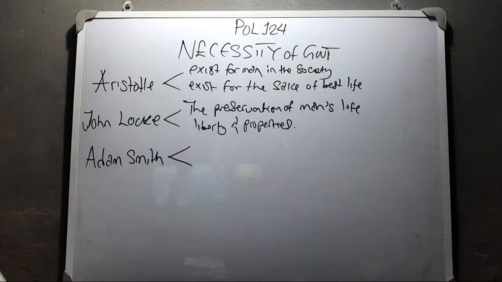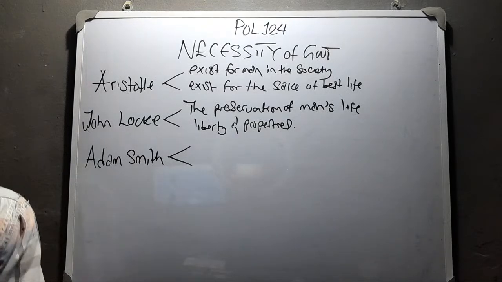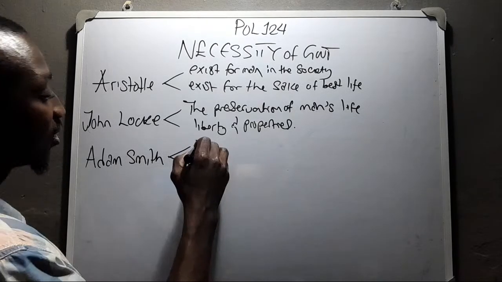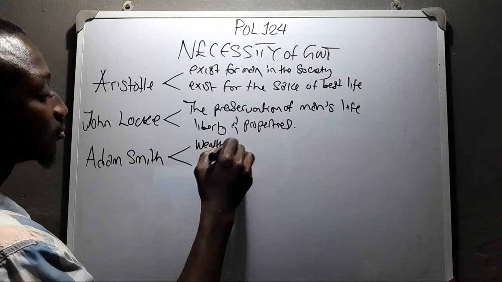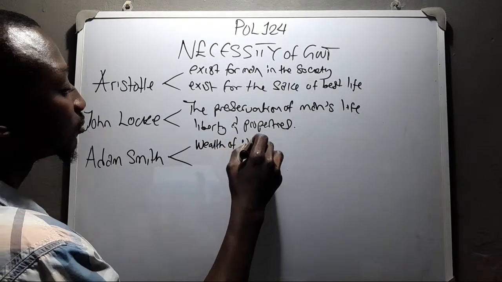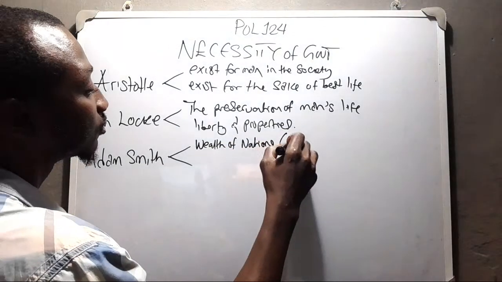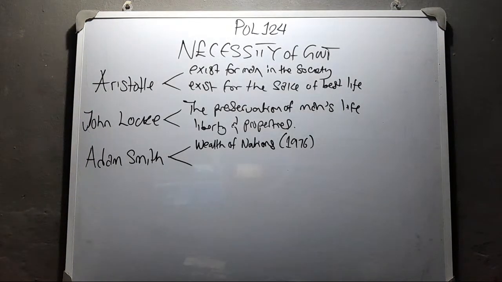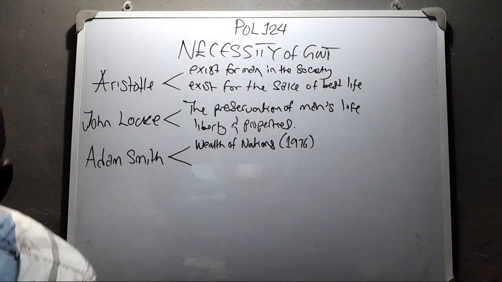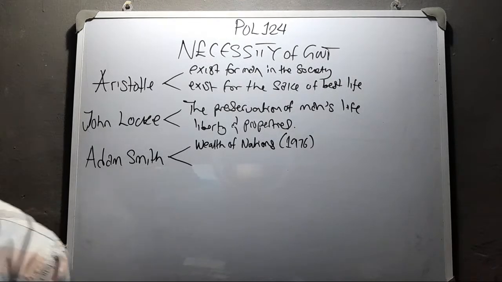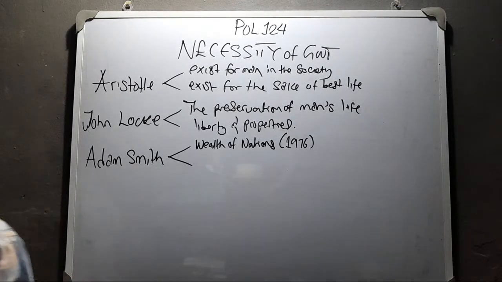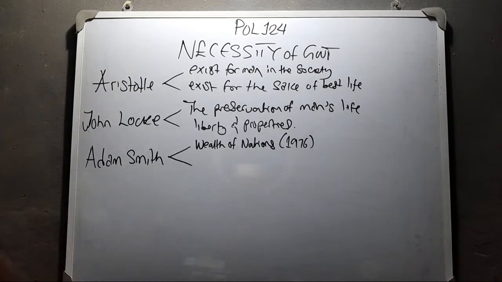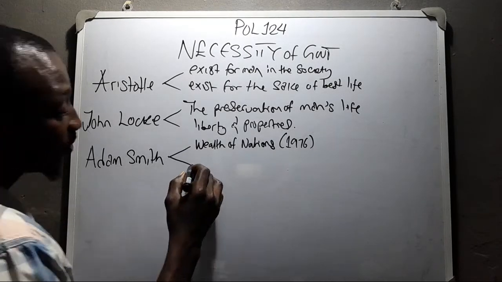Now, Adam Smith, in his book Wealth of Nations in 1976, sees the purpose of government in terms of threefold.